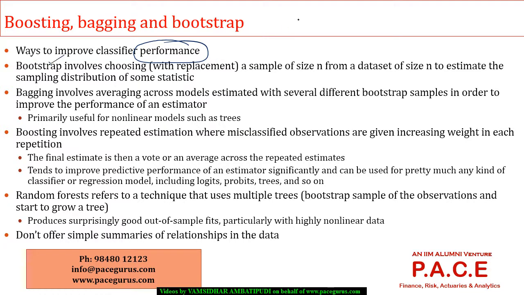Bootstrapping is as simple as this: let's say I have observations 1 to n, and I pick out some observations randomly, probably with replacement. So I randomly pick a few records, and because it is with replacement, the same record can come multiple times.